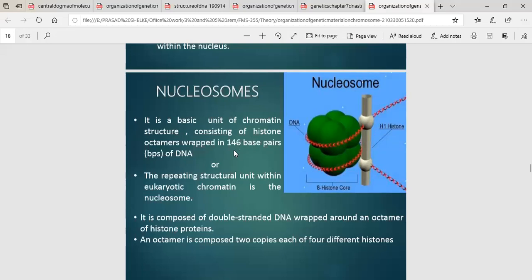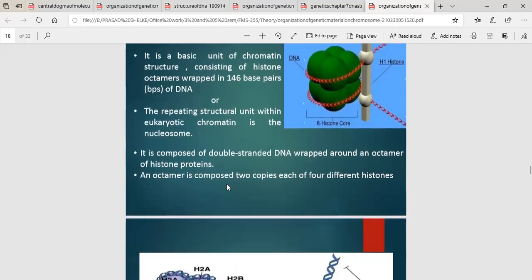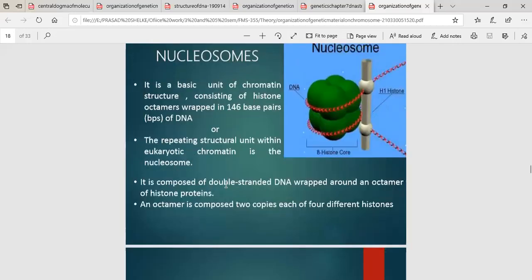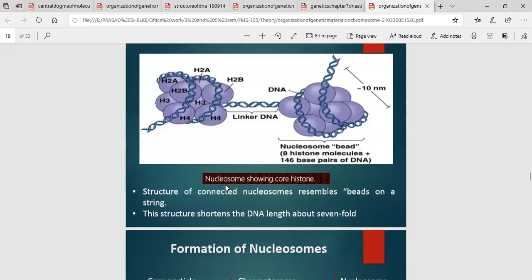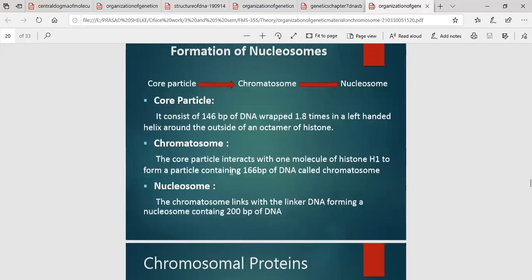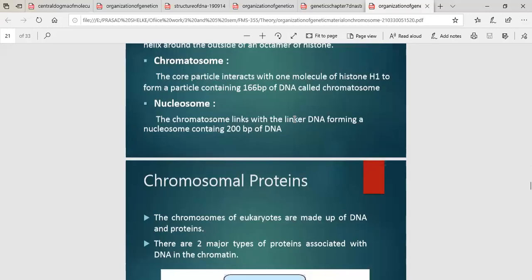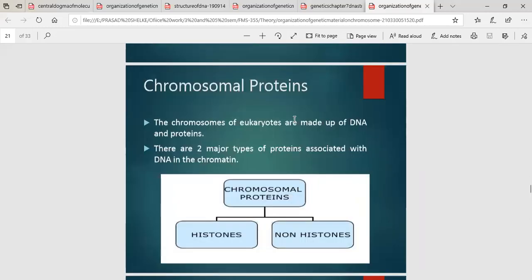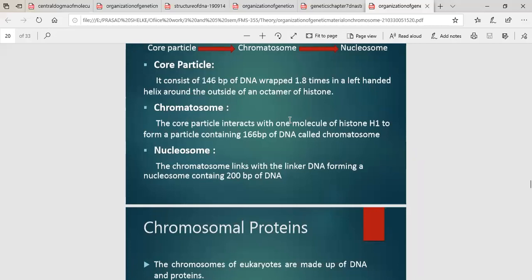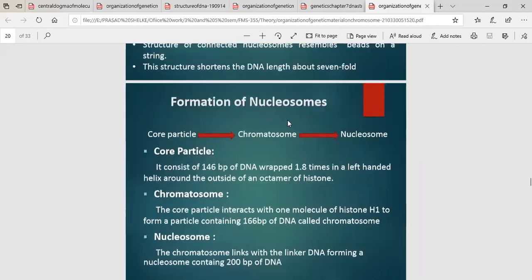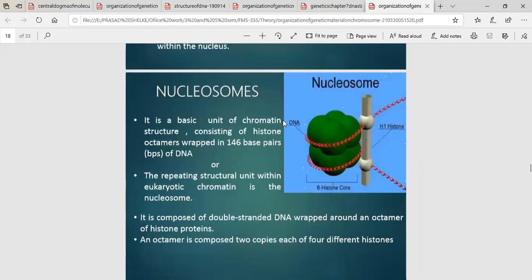These are the subunits of the nucleosome, the repeating structural unit that forms part of the chromatin fibers. Do you all understand what a nucleosome is and what chromatids are?